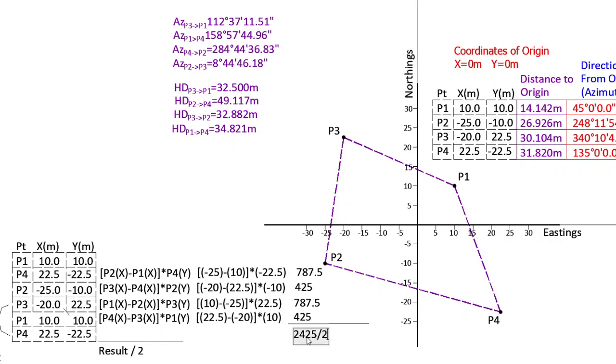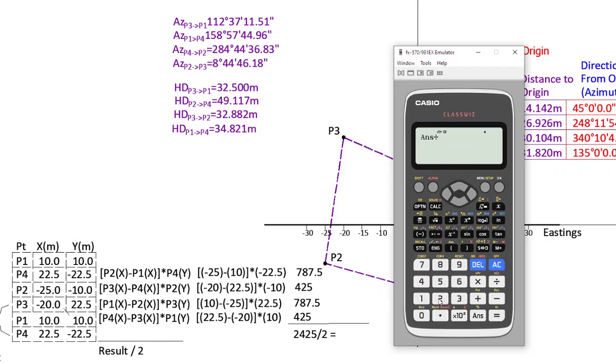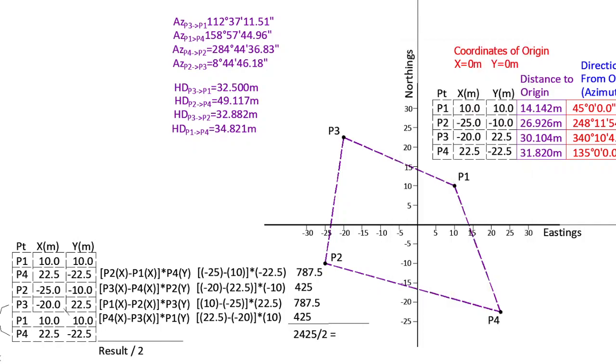And then this result I divide by 2, and that is going to be my area. So back to my calculator, divided by 2, 12.5.